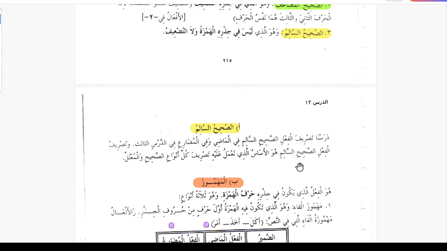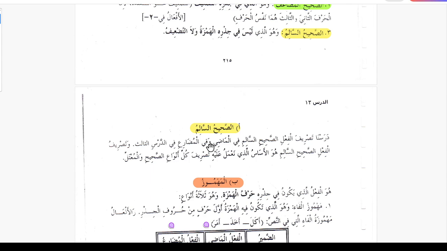But tasrifu fi'l sahih salim huwa al asasu allazi namalu alayhi tasrifu kulla nuwain sahin wal mu'talin. So the conjugation of the Sahih Salim verb is the baseline, and we will see how the other forms deviate from this form.